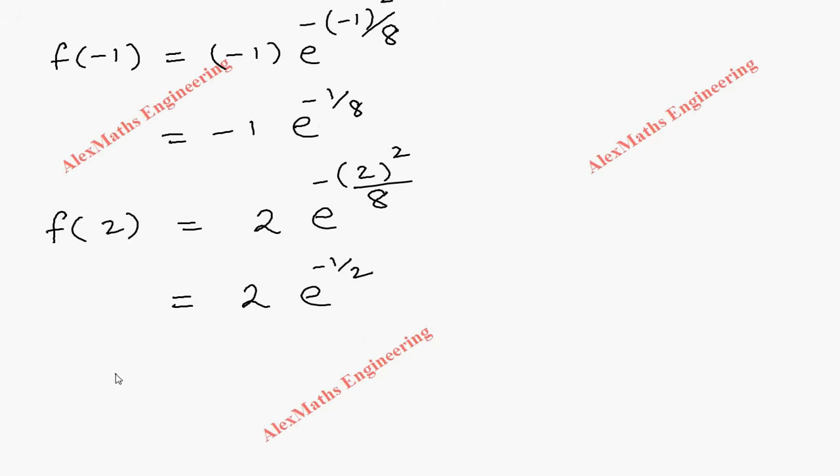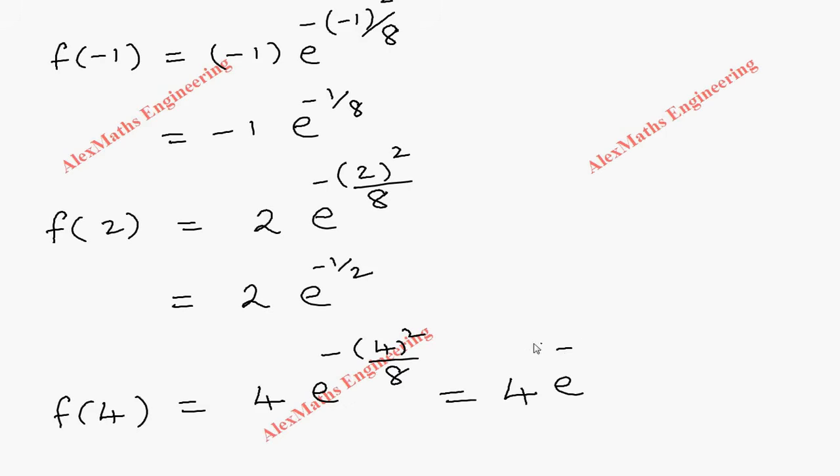Then the third value we have to substitute is f of 4, which is 4 e power minus of 4 square by 8. So 4 e power minus 4 square, 16, 16 by 8 is 2. After calculating this, the first value is minus 0.88 and the second value is 1.22 and the third value is 0.54.